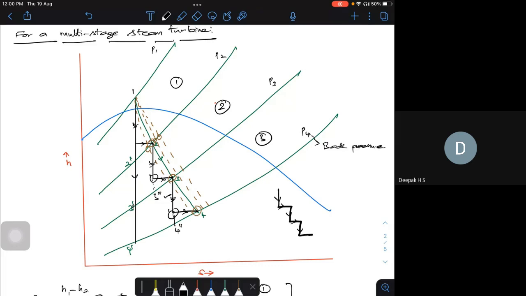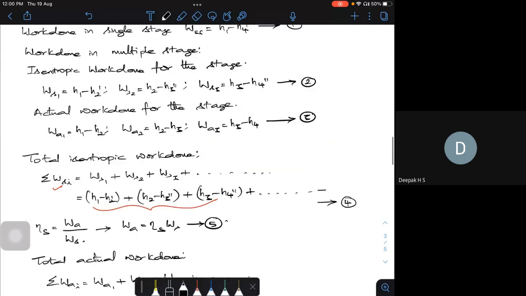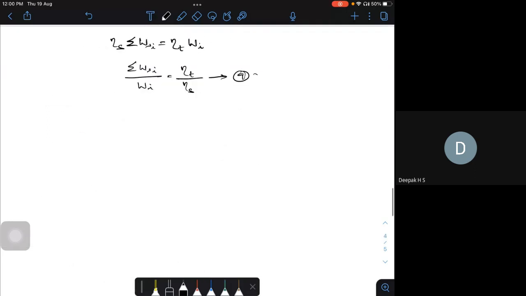That means each stage: 1 to 2 dash, 2 to 3 double dash, 3 to 4 double dash. That means this path 1, 2, 3. I can write under this condition why that is happening actually.